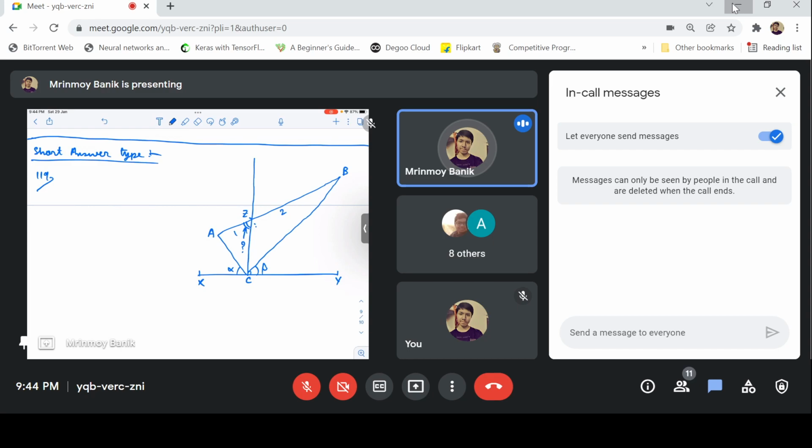So this implies cos beta by twice cos alpha equals minus cos.